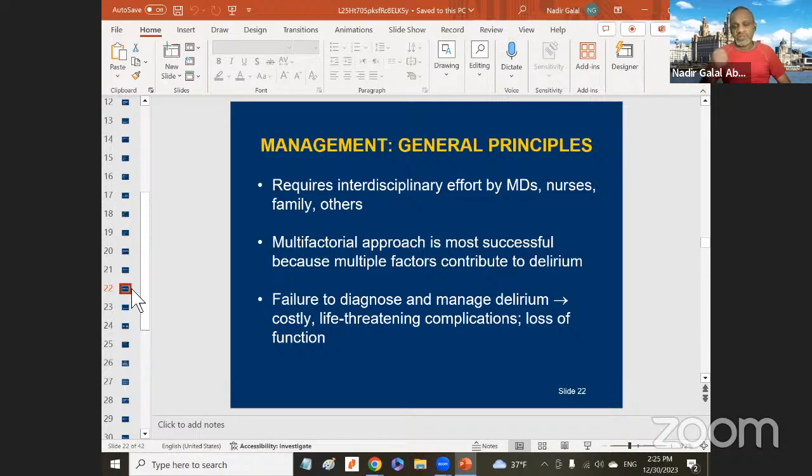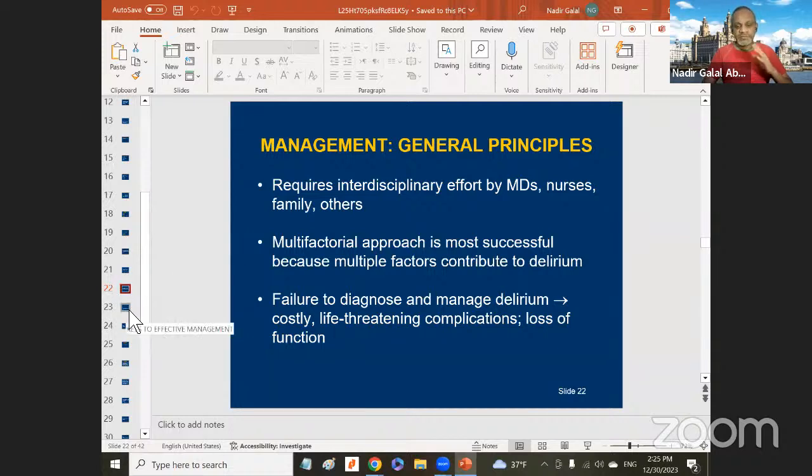So you treat the UTI with antibiotics, hydration, maybe you can give IV fluid or encourage oral fluid along with managing the hyponatremia. You can add some iron. If the hemoglobin is low, you can give a blood transfusion.